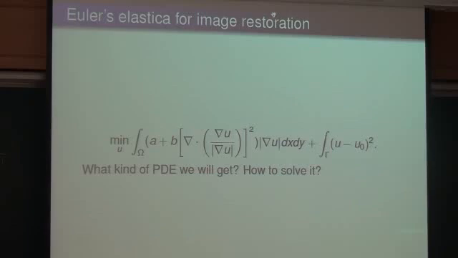I think it was really made popular by Tony Chan, Sung-Ha Kang, a Korean, and Jackie Shen. I think their paper was the crucial paper to make Elasticas popular for image processing. But they used it for image inpainting. In fact, you can use it for denoising, inpainting, zooming.